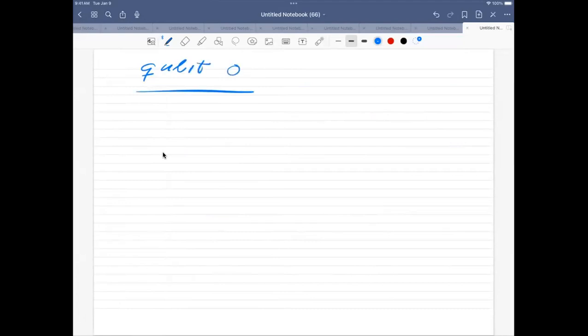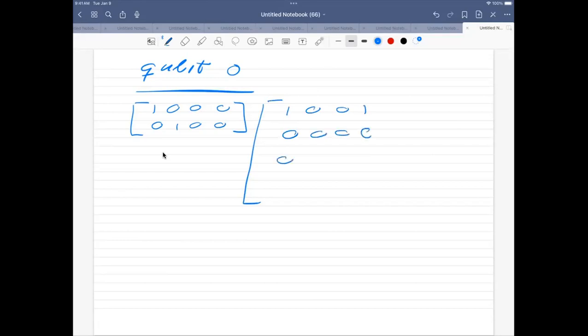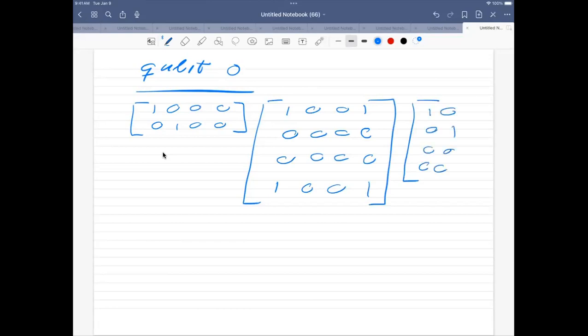So for qubit 0, I'm now going to calculate this matrix product. So I have 1, 1, 0, 0, and then 0, 1, 0, 0. And then it's multiplied with the density matrix. So I have 1, 0, 0, 0. So I'm tracing out the subsystem B, and then I have to multiply this with 1, 0, 0, 1, 0, 0, 0, 0.